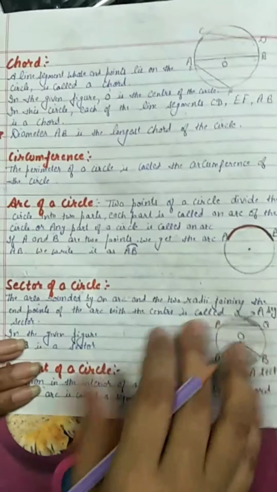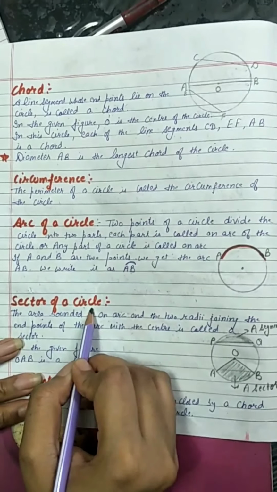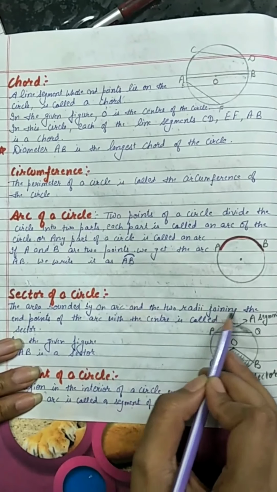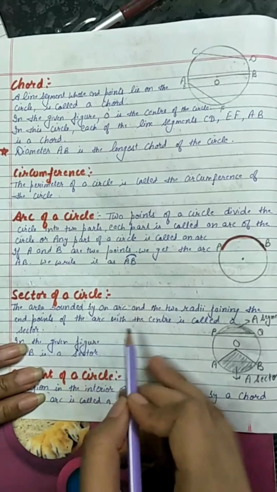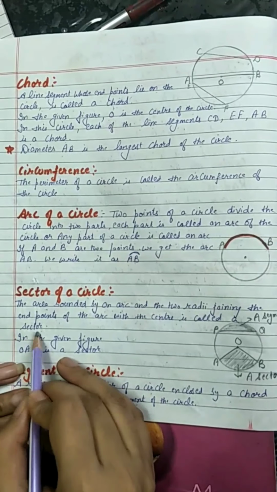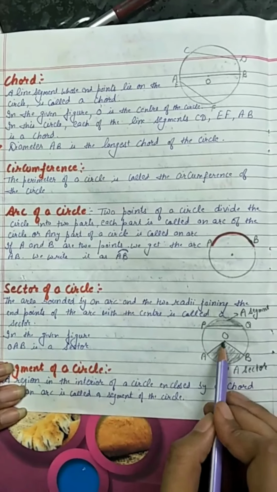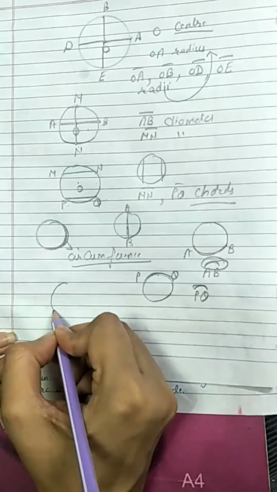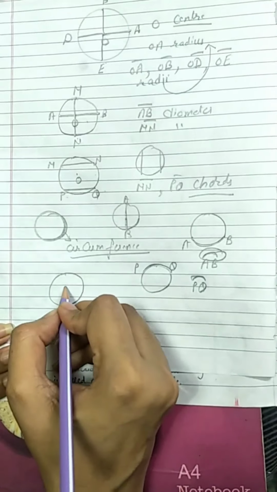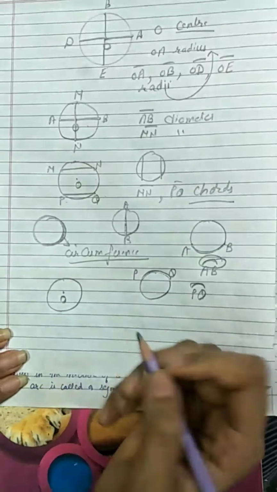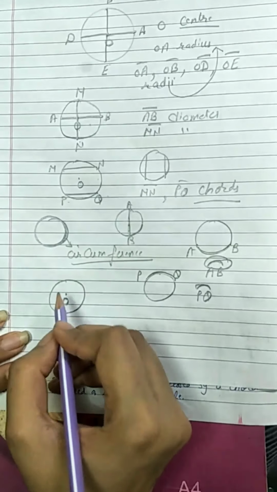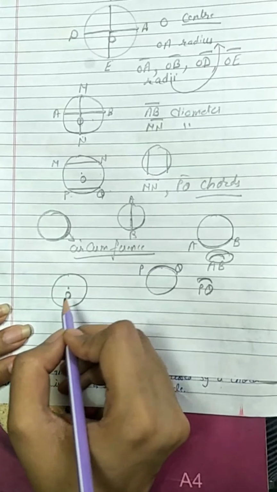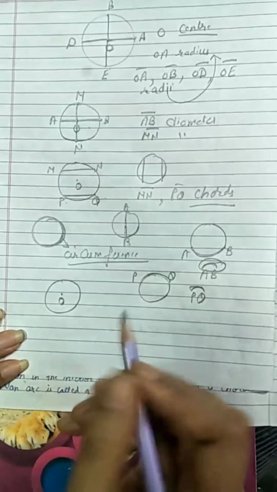So the next topic is sector of a circle. The area bounded by an arc and the two radii joining the endpoints of the arc with the center is called a sector. In the given figure, OAB is a sector. Now look here. This is a circle and this is the center O. See, the region between an arc of a circle and its two radii is called a sector.